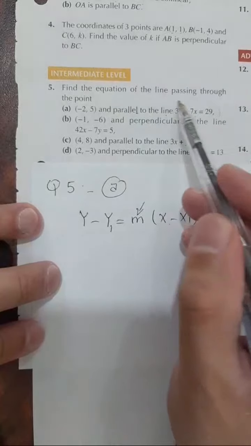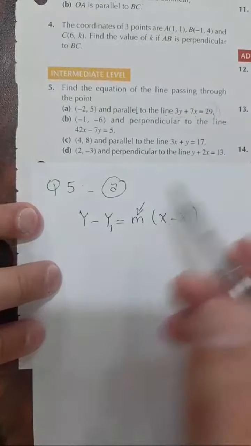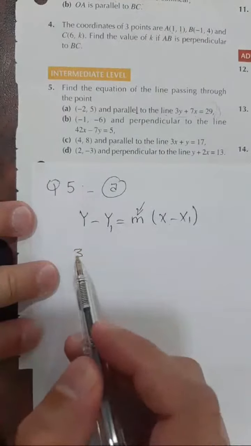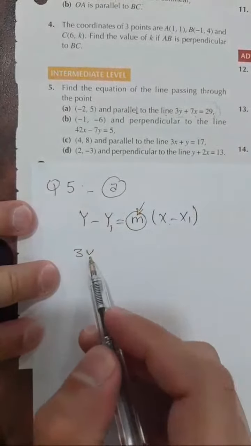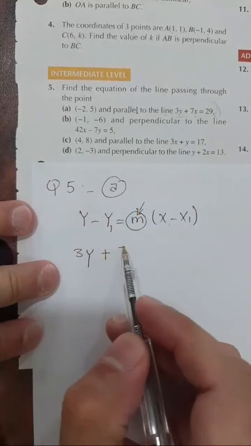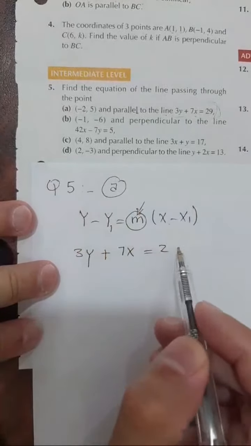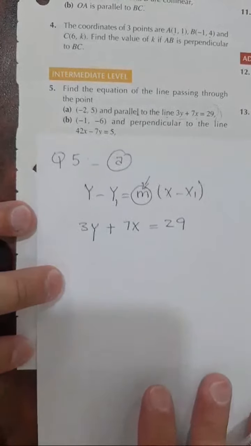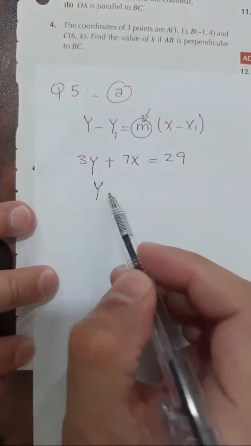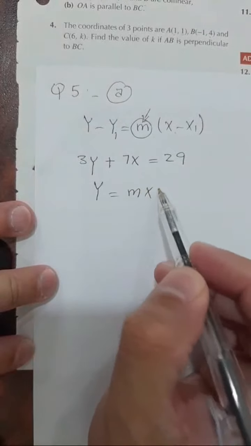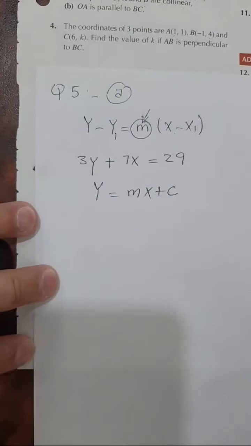So I need the slope of the parallel line. This line is parallel to the required line. We can find the slope if we express it in this form, y is equal to mx plus c, which is the general form of the equation of a straight line.